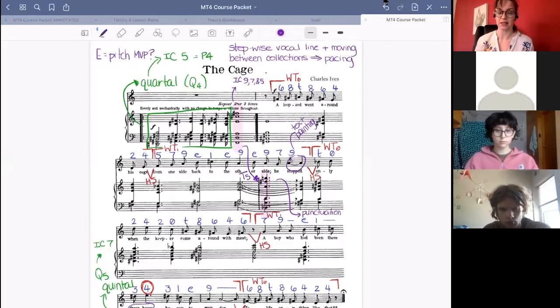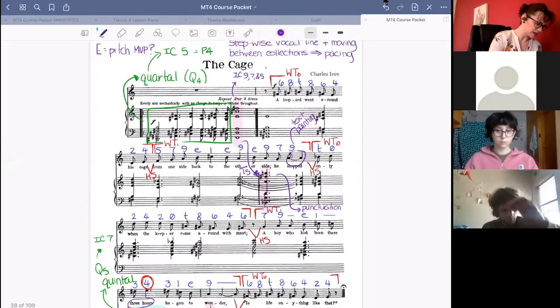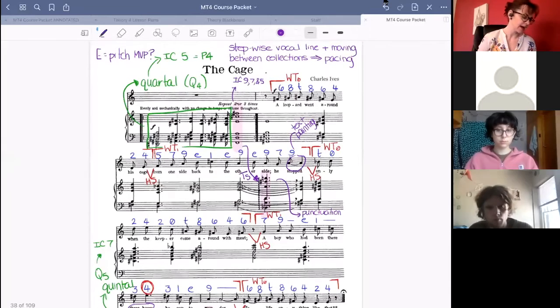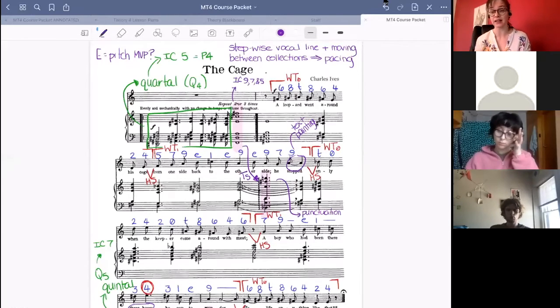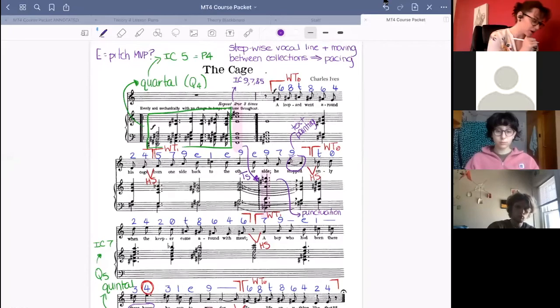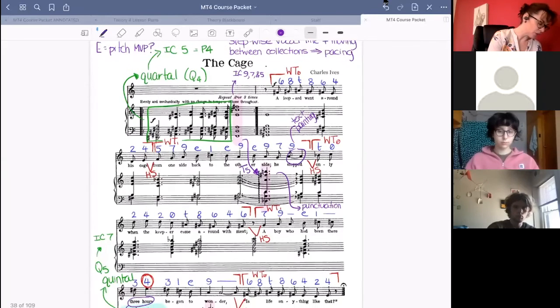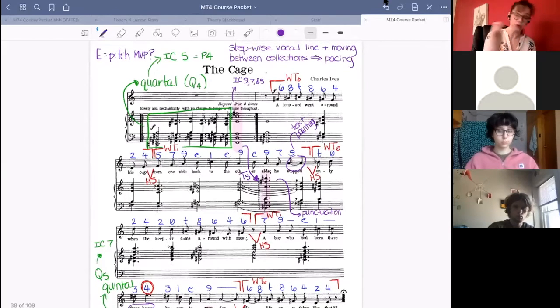A lot of you commented on the staticness of it, and a few people commented on the stepwise nature of the line, and how the vocal line being almost entirely steps was a nice way of connecting to what's going on in the text with the leopard just pacing back and forth. And also, I saw a comment about the chordal harmonies in the piano being reminiscent of a cage, the way they're almost mathematically stacked. So really good comments coming from the work you were doing.